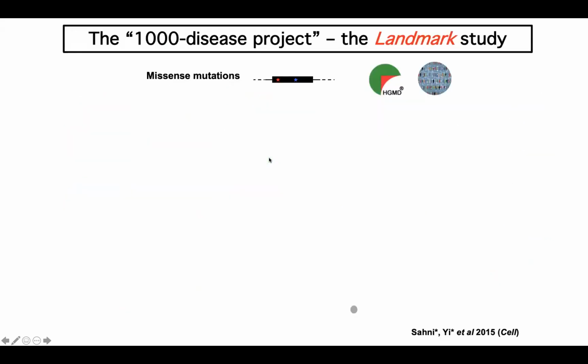I want to start with the 1,000 disease project that was done about 5-6 years ago, what we call a landmark study, studying 3,000 missense mutations found in disease and the 1,000 Genomes common variants found in healthy people.